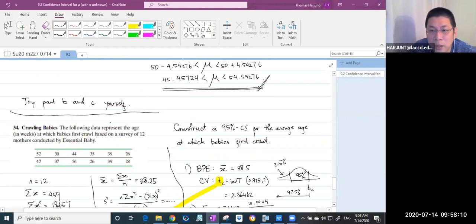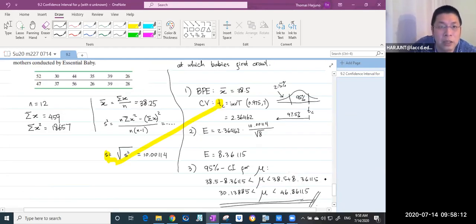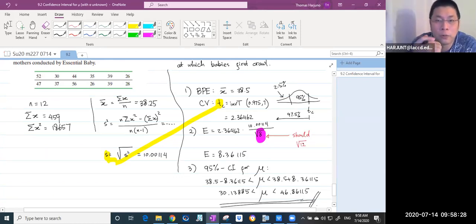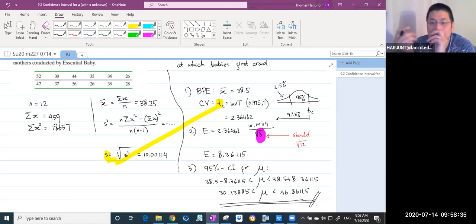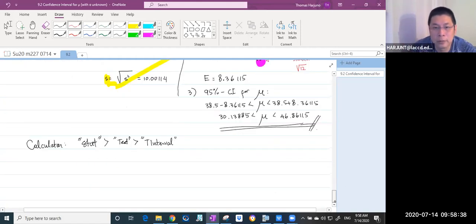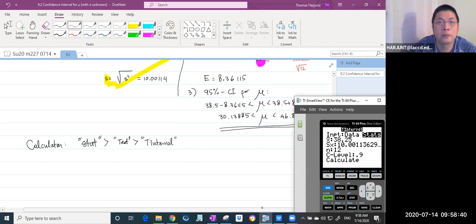Good thing I see that. My mistake is here. This is supposed to be 12. So you correct yourself. Should be square root of 12. I remember the previous question, I guess n equals 8. Supposed to be 12 there, okay? Now I come back here.